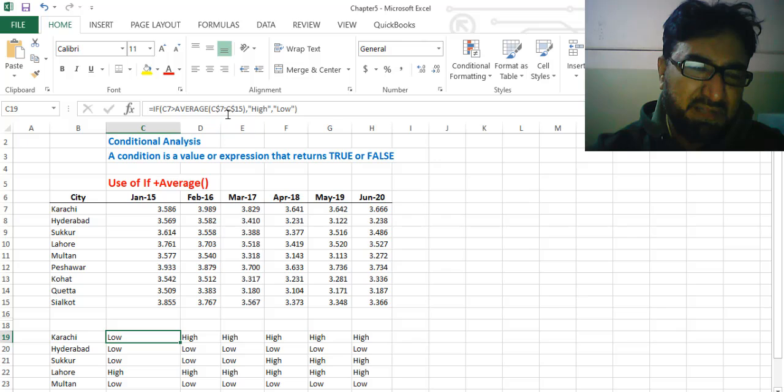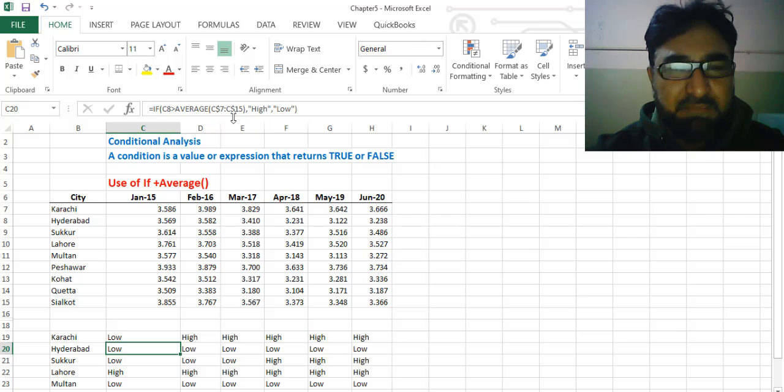So the range will remain the same, and the city prices C7 will change to C8 and C9, C10 here. For example, in this next row it is C7, and in the next row it is C8, and the rest of the range is the absolute reference.